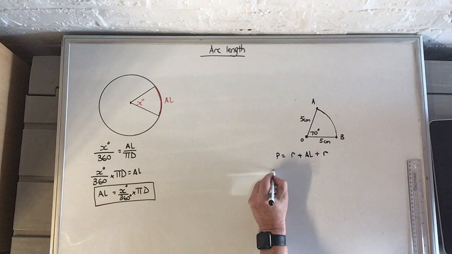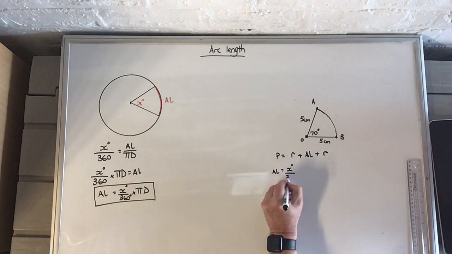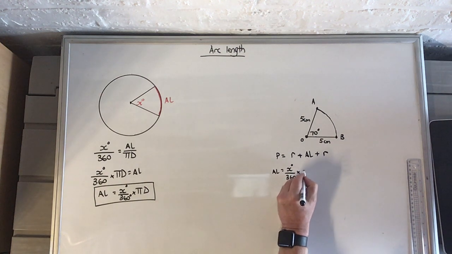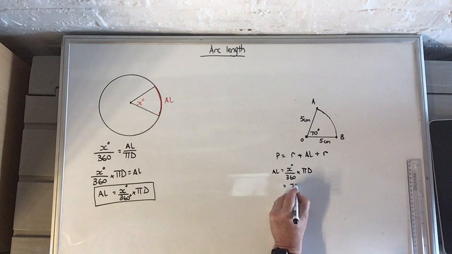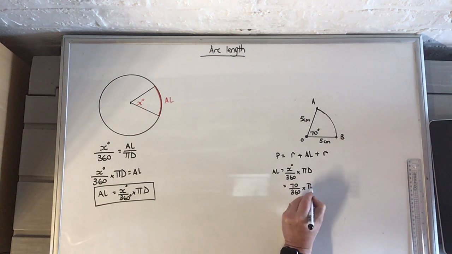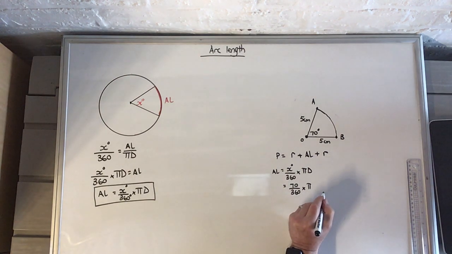So the arc length, let's work that out first. Angle at the centre over 360 times pi d. That's going to give me 70 over 360 times pi. D is 2 times the radius, which is going to be 10.